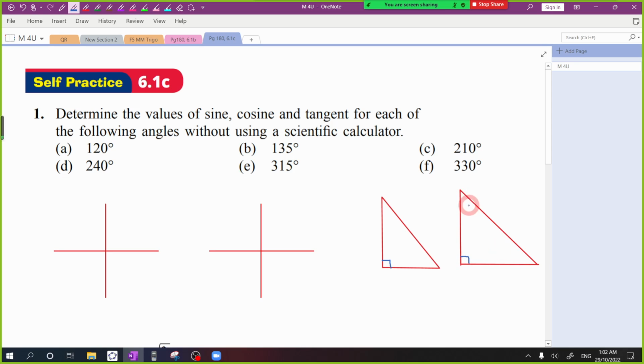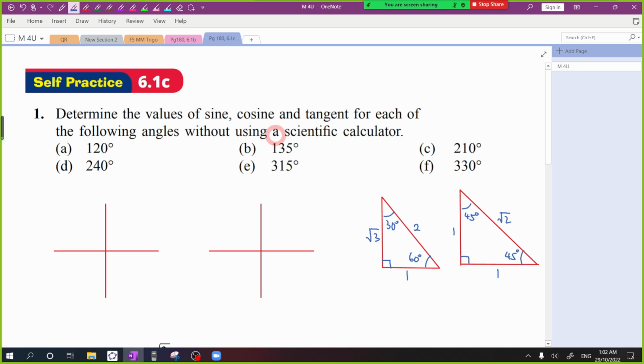Okay, so this one is an isosceles triangle, 45 degree, 45 degree. This is 1, 1, square root 2. And this is 60 degree, 30 degree, 1, 2, square root 3. Okay, these two triangles, you need to remember. Now, let's try a few questions here.